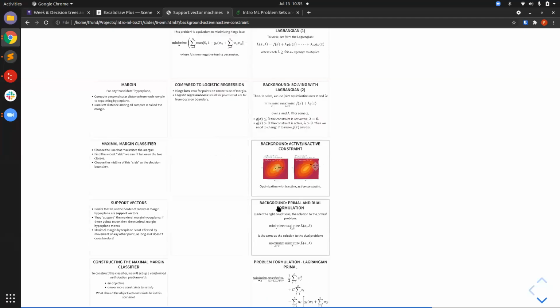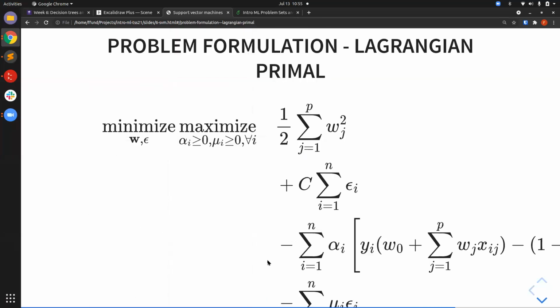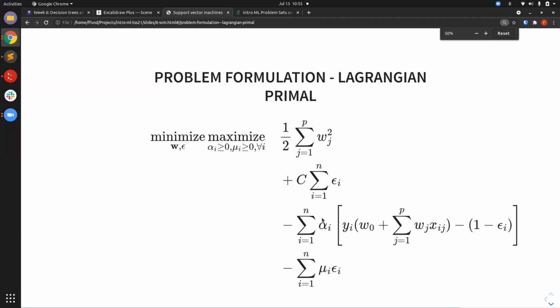So we end up with this formulation, which is the Lagrangian primal formulation. So we're minimizing over the weights and maximizing over the Lagrange multipliers. Each of those constraints was moved into the objective function with Lagrange multipliers alpha and mu.